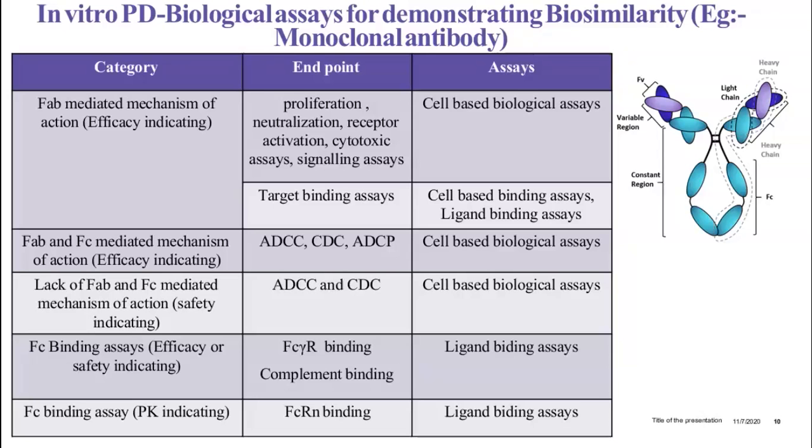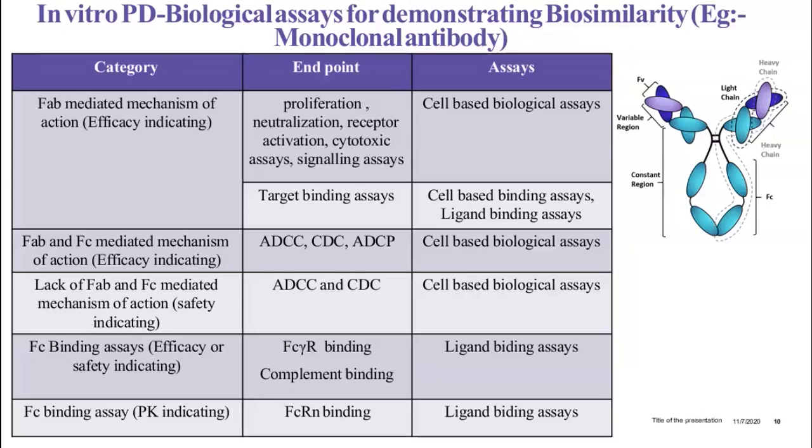But we cannot do all the in vivo studies in cynomolgus monkeys because of restrictions on the usage of animals. For functional activities like FcRn binding, FcRn is also expressed in rodents, especially rats and mice. It mainly mediates the clearance of the drug in PK, especially for monoclonal antibodies, through FcRn binding.